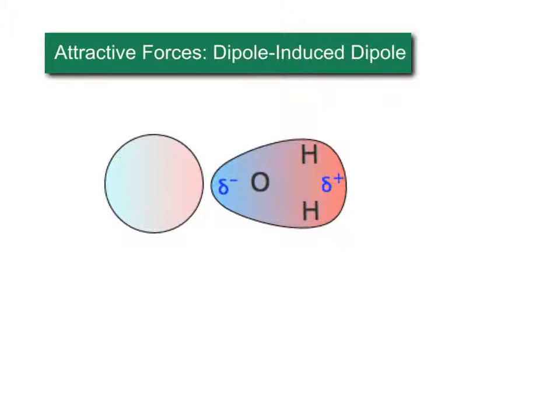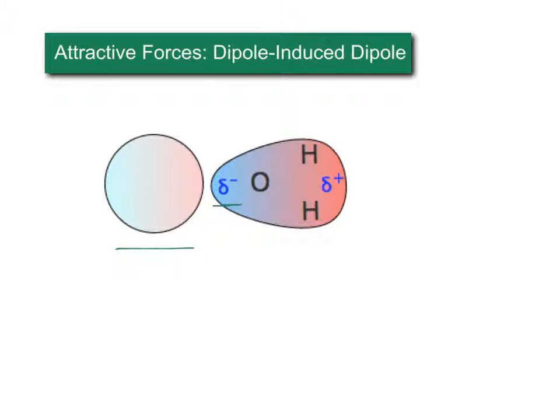Now, we can also have a dipole interact with a nonpolar molecule and have an attraction because of an induced dipole. And the way this works is the atom or molecule, which we have here, which is nonpolar, gets close to a molecule that has two different charges on the two different sides, a molecule that's polar.